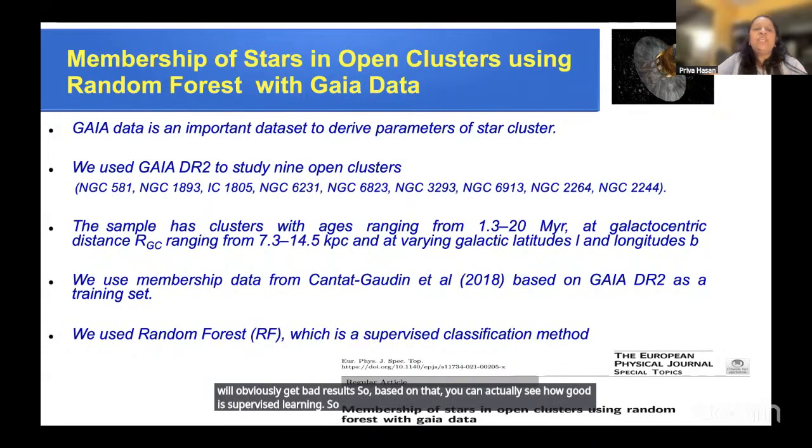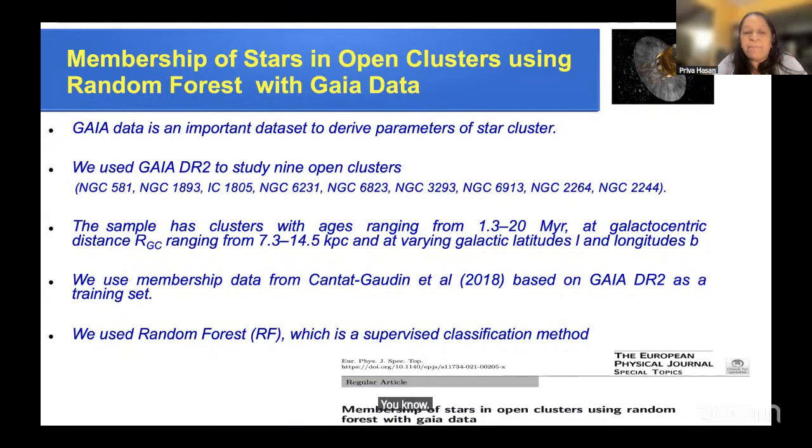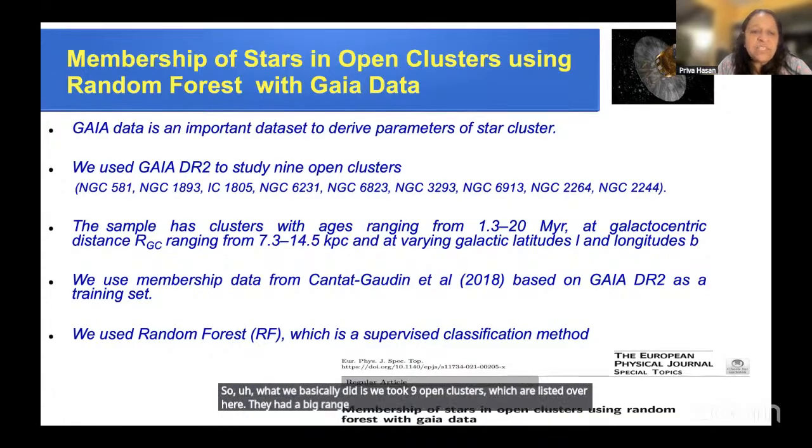So what we actually did in the first paper, which is shown over here, Membership of Open Clusters with Random Forest, you can Google and directly get the papers. They are all available on the net. What we basically did is we took 9 open clusters, which are listed over here. They had a big range of ages as well as galactocentric distances and galactic latitudes and longitudes, because we wanted to see how well it does for different locations and positions.